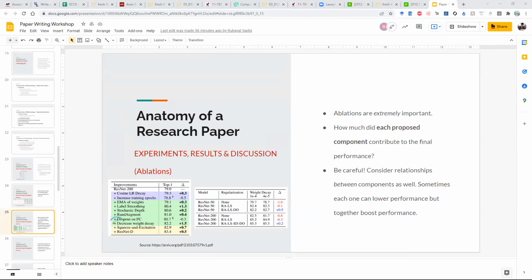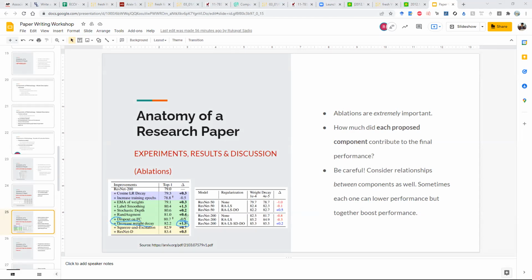This paper is looking at different training parameters for training ResNet. They find that adding dropout on the fully connected layer decreases performance by 0.3%. That seems odd to us because that should help with overfitting. However, they find that after they add dropout and then decrease the weight decay, the performance actually improves by 1.5%.